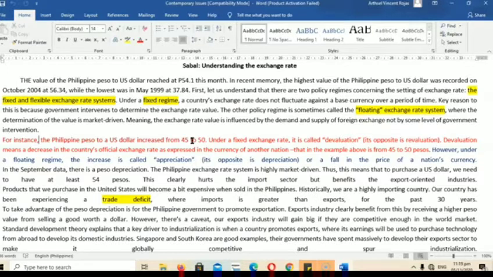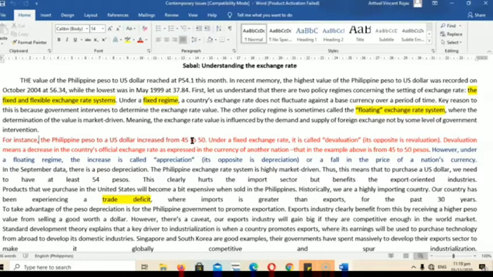The value of the peso increases because we pay much less than in the 50 over 1. If we compare 50 over 1 and 40 to 1, the more advantageous is 40 over 1. So devaluation means a decrease in the country's official exchange rate, and the last one is the revaluation.